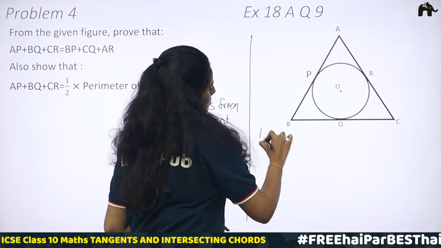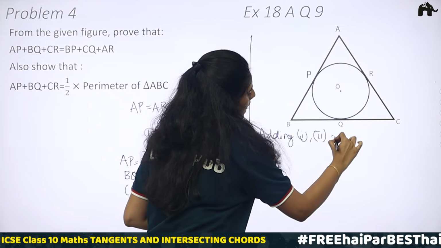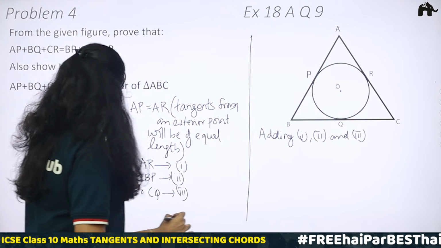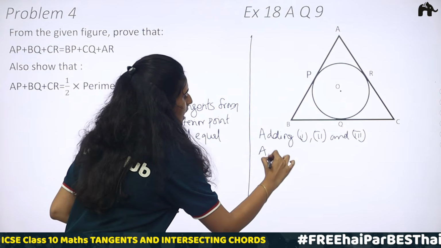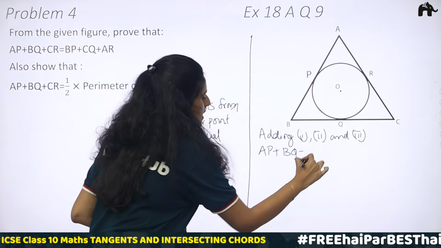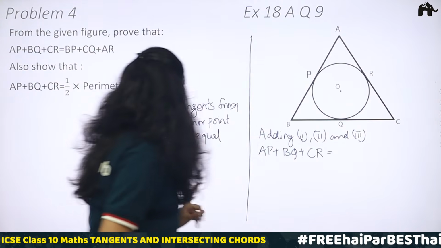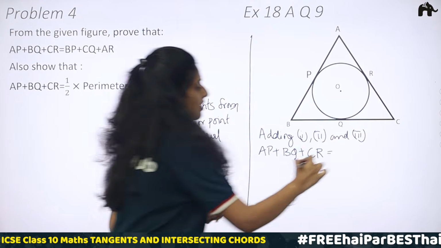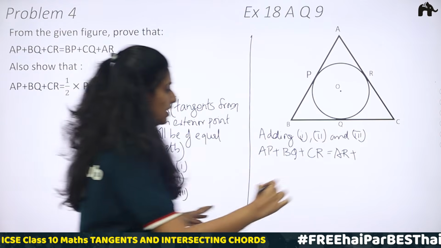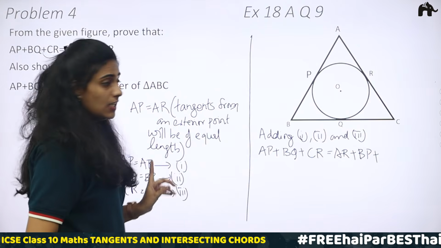Adding 1, 2 and 3. First, we will add the left hand side. LHS, here we have AP plus, from the second equation, we have BQ plus, third equation, we have CR is equal to, here we have AR in the right hand side plus, here we have BP in the second equation, right hand side plus, here we have CQ.